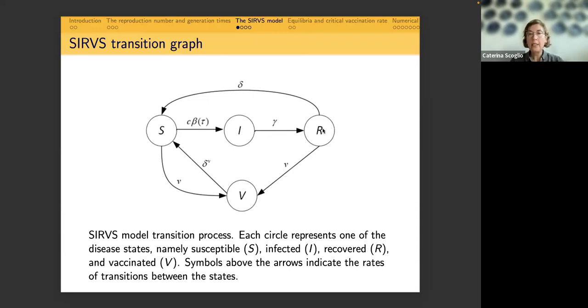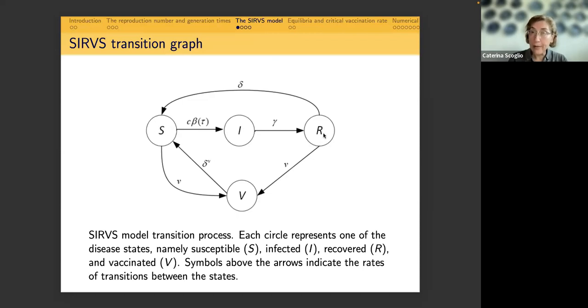When in R, the individual is immune, but this immunity will fade out after some time. For example, in our simulations it will be 6 months, and then the individual will transition back to susceptible, because it is no longer immune, with a transition rate delta. However, we have also vaccination.